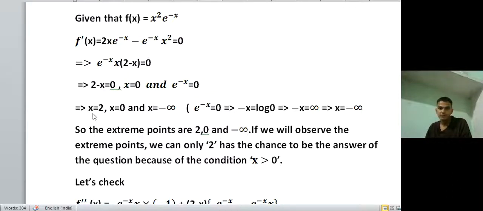So the first value of x we got is 2. In this way, if we keep x on this side, then we get x is equal to 0.